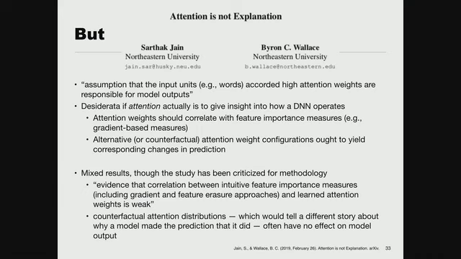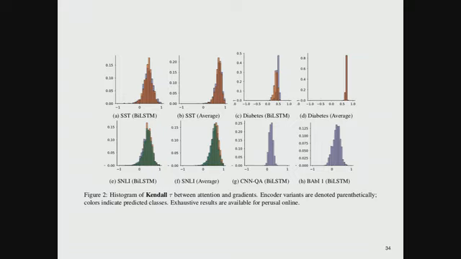There are a lot of controversies about this particular study, but what you find is that if you calculate the concordance on different data sets using different models, you see that, for example, the concordance is not very high.